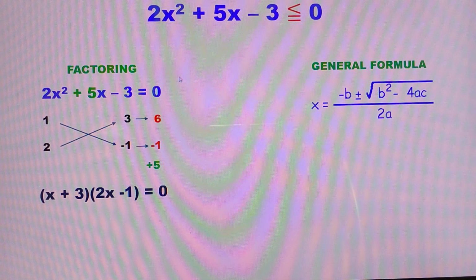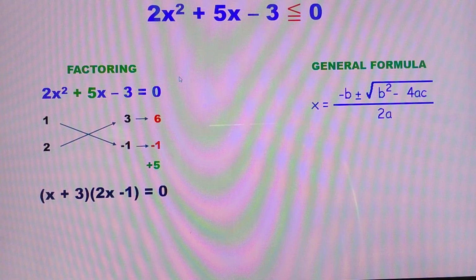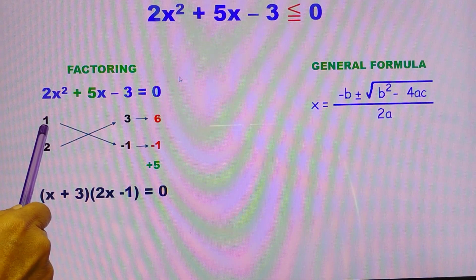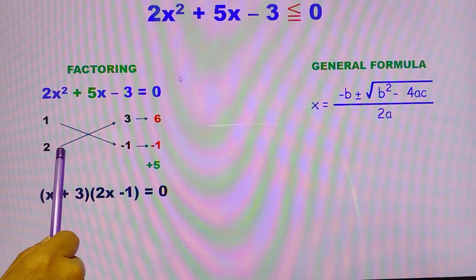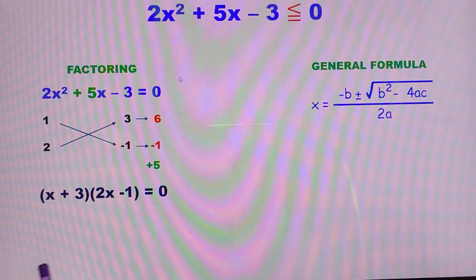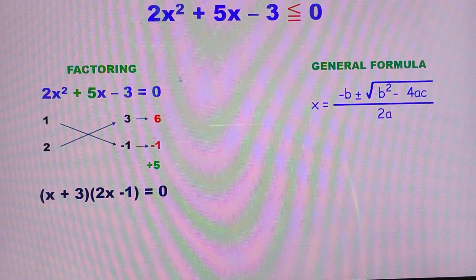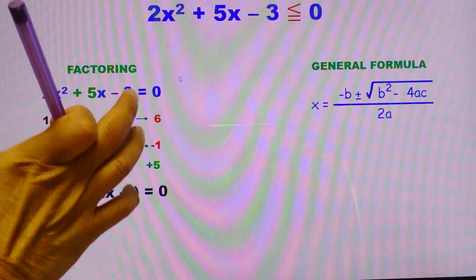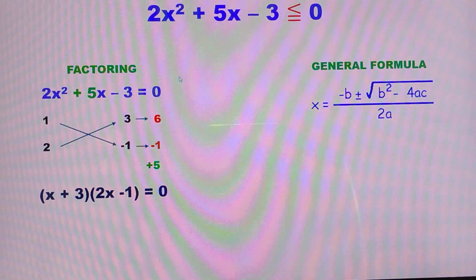After this, we consider this expression in horizontal form. So this is 1x plus 3, here we have, and 2x minus 1 equal to 0. That is factoring, the name of the method, because we transform the original expression into factors. One thing times another thing.